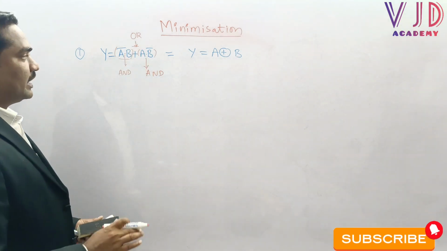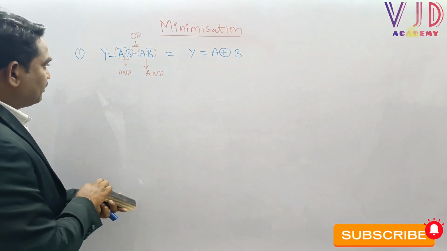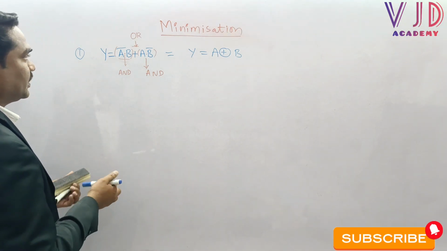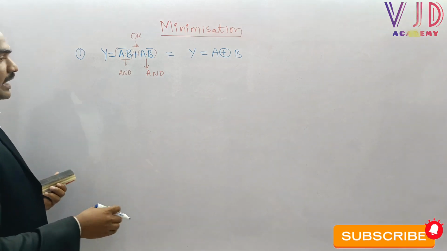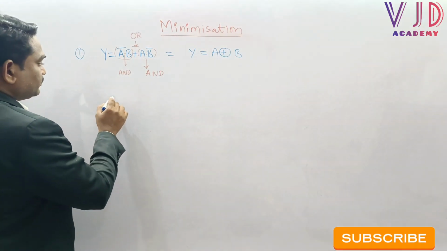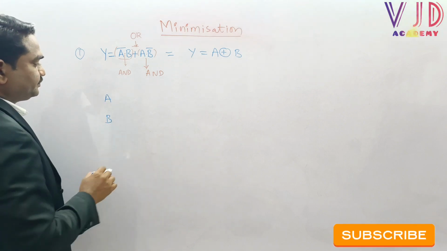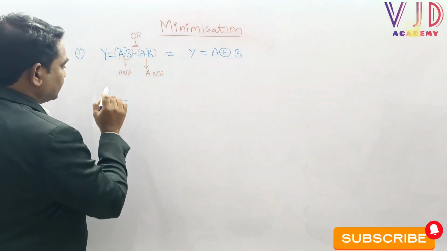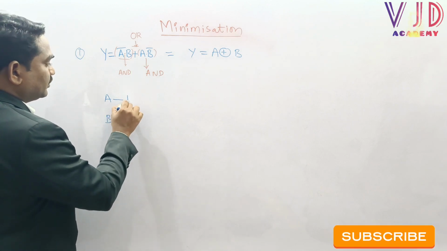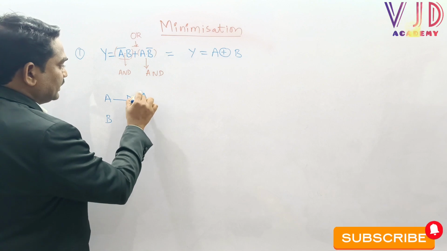Let us try to understand the structure of this logical expression. Sir, I would like to draw the logical expression by using NOT gates, AND gates, and an OR gate. Here this is a and here b. From a, I would like to draw one NOT gate, so that this will become a bar.